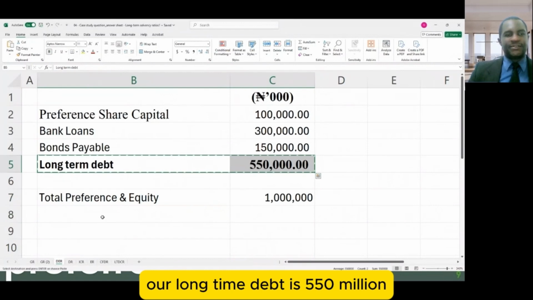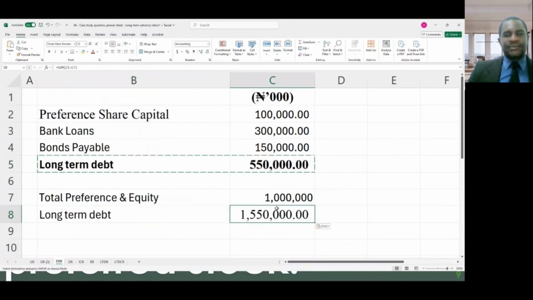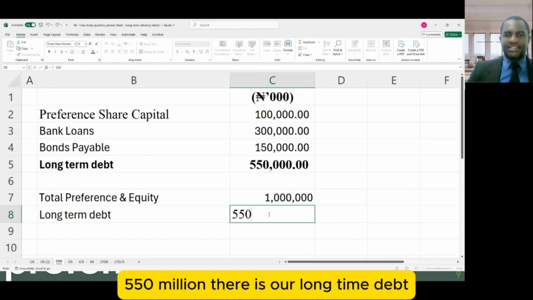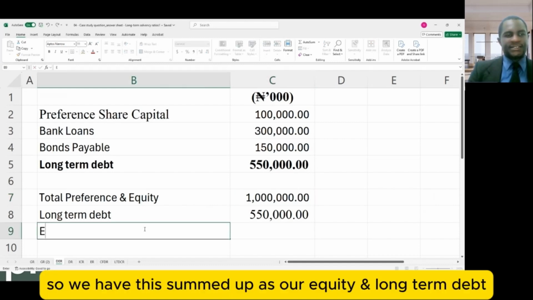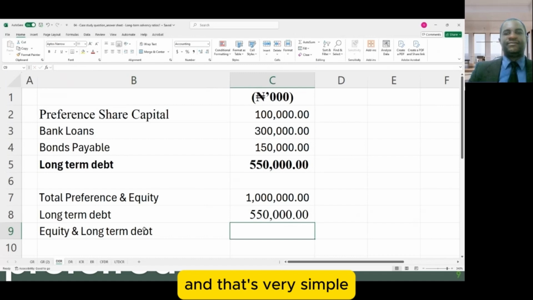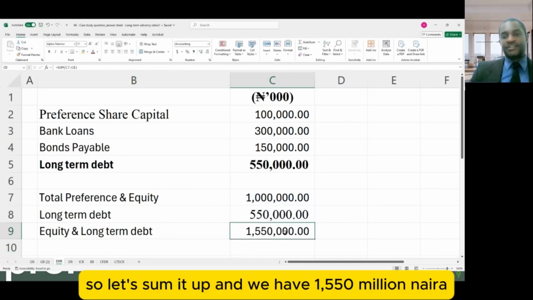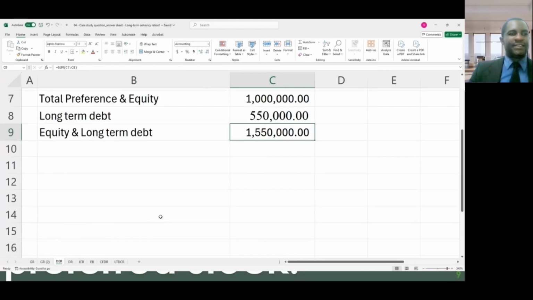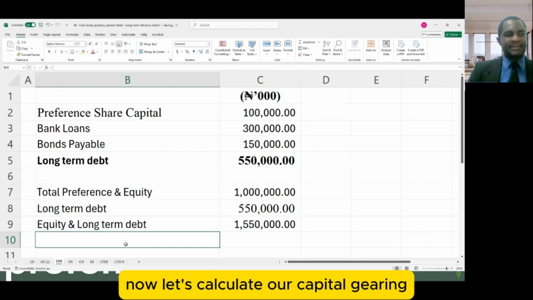Our long-term debt is 550 million naira. So we have this summed up as our equity and long-term debt. Very simple. Let's sum it up, and we have 1,550 million naira.